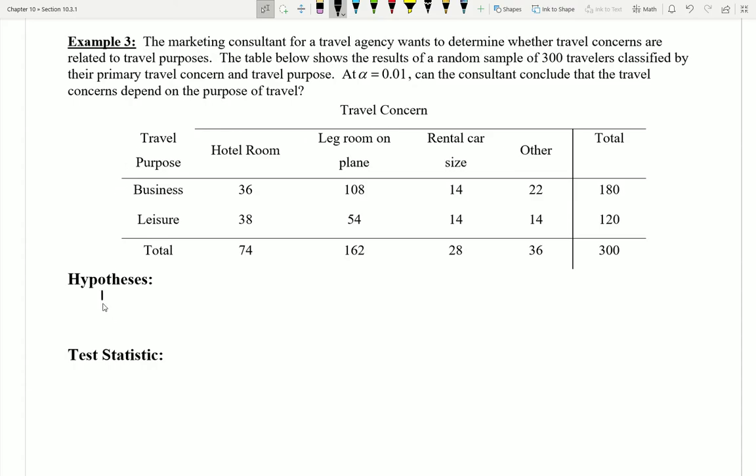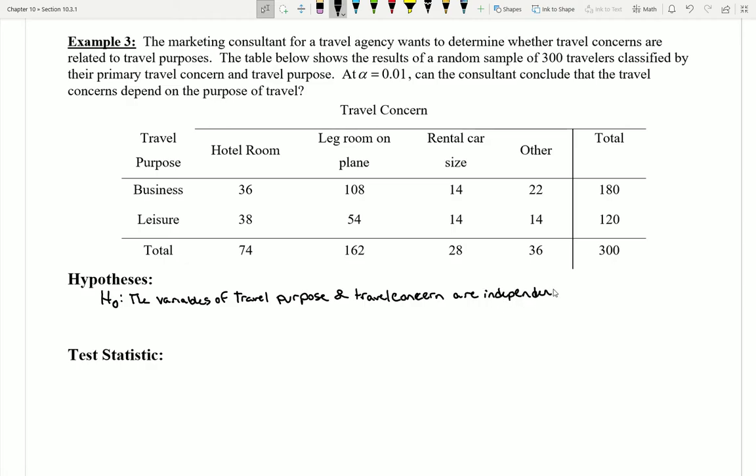So when we go down to our hypotheses, we're going to see that just like last time, our H0 is going to say that the variables of travel purpose and travel concern are independent.